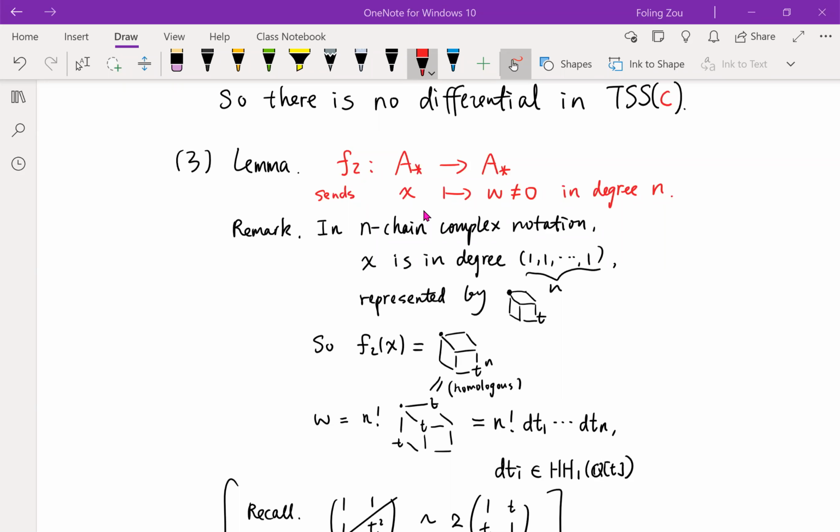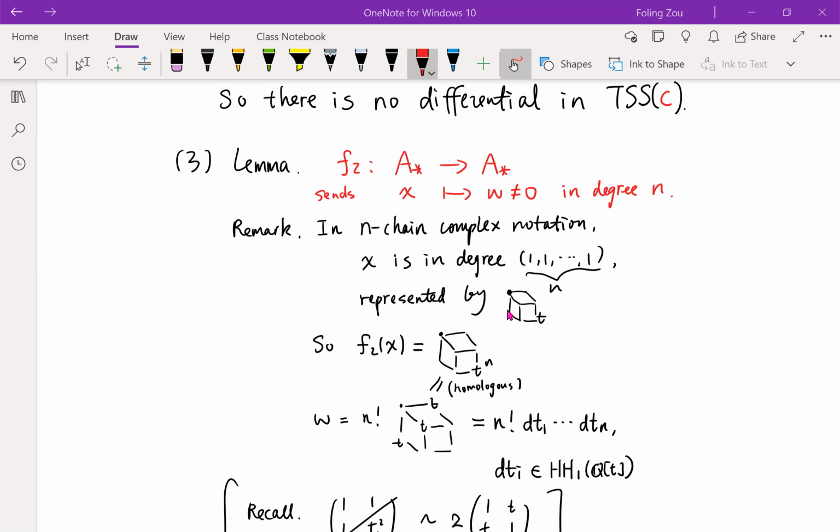Okay, so what are these classes? Here we are computing Lode on the n-torus, and we can use the n-chain complex notation analogous to the bi-chain complex notation before. And in this notation, X is the class in total degree n, and it's represented by a 2 times 2 times 2 matrix.